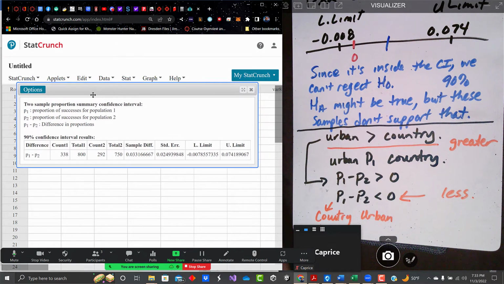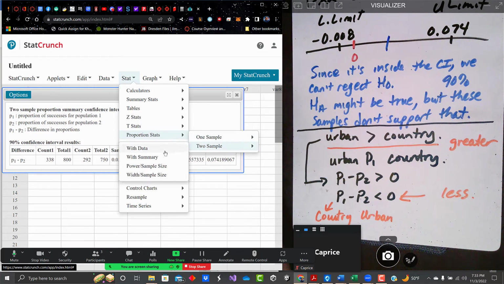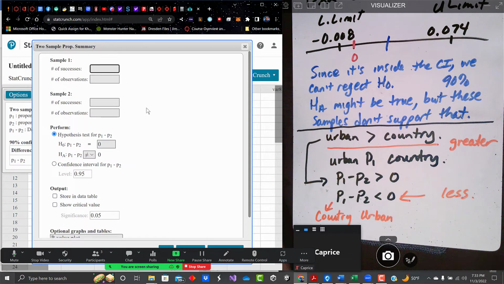So, check this out. I'll do a new proportion stat, 2 sample with summary. I'm going to switch around the data. It was 292 and 750.